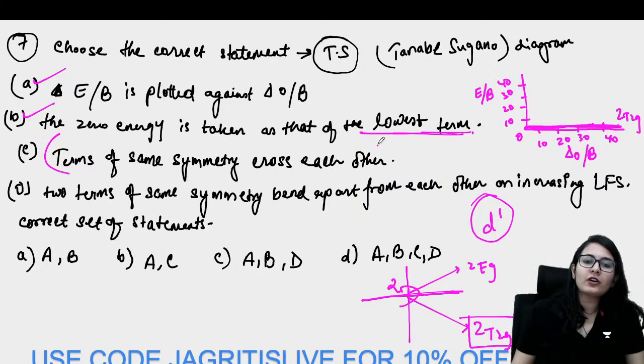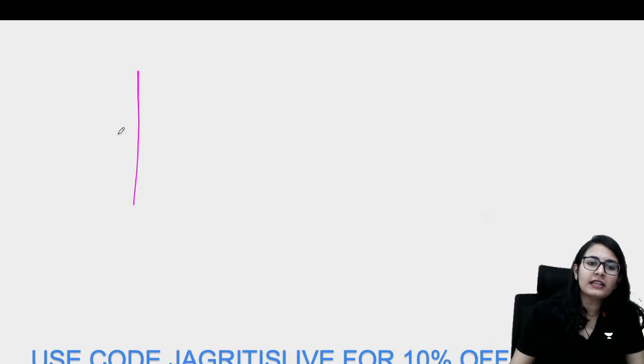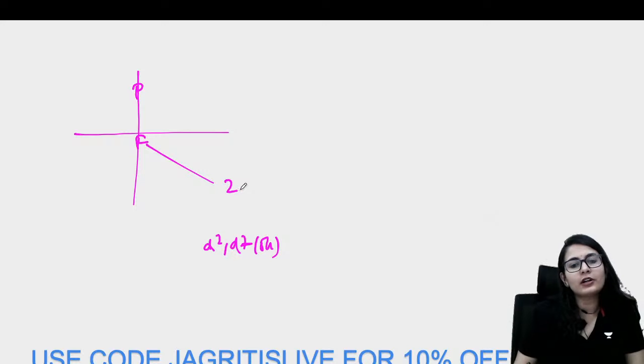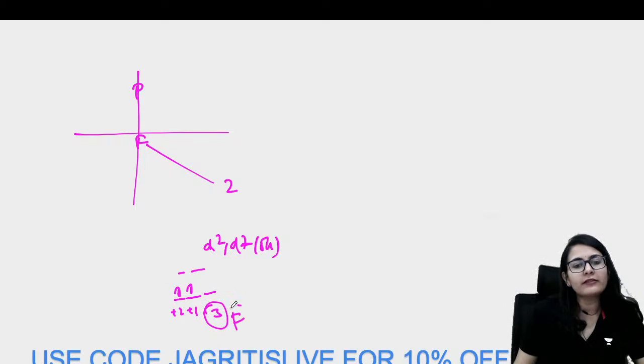Terms of same symmetry cross each other. This is going to violate the non-crossing rule. This never happens in the Orgel diagram or in the TS diagram: same symmetry terms are never going to cross each other. For example, if you are splitting the F term in the Orgel diagram, this is your F term, this is your P term. For d2 and d7 octahedral configuration, what happens in the Orgel diagram? For the d2 configuration, you have the 3F term.